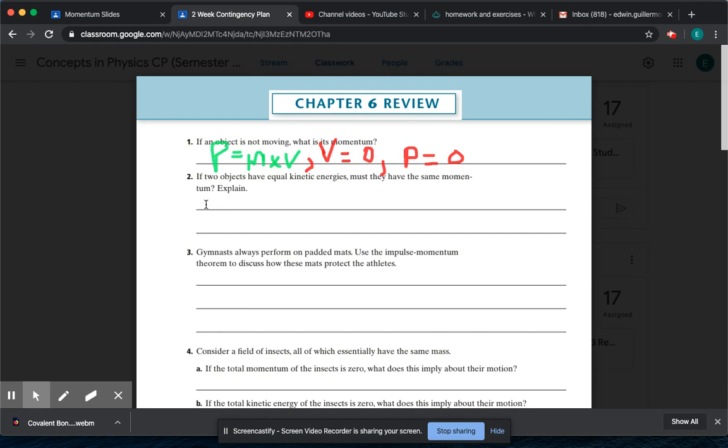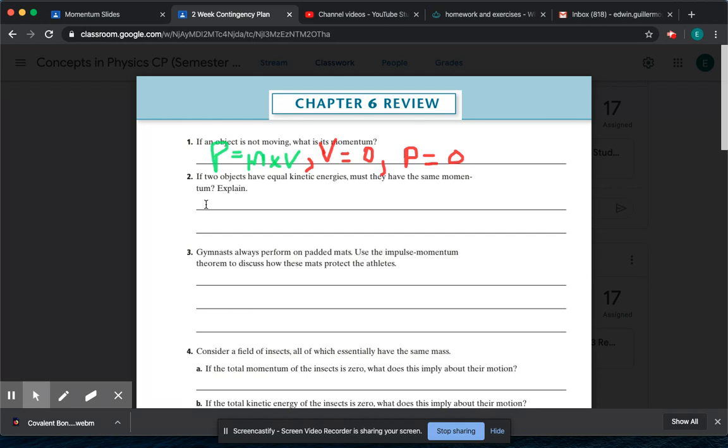They do not have to have the same momentum. And that has to do with mass. The only time two objects with the same kinetic energy will have the same momentum is if they have the exact same mass. If they have different masses, then the momentum won't necessarily be the same. Momentum relies on mass and velocity. And remember, in kinetic energy, the velocity is squared. That's the big difference.